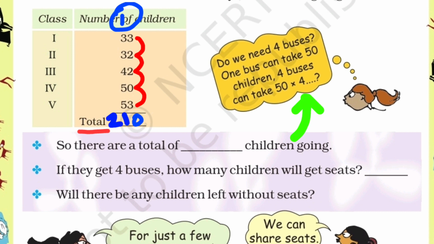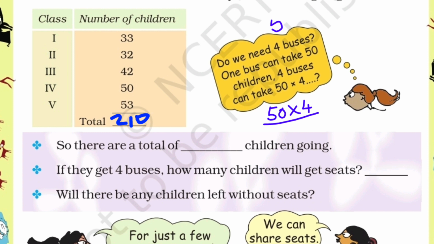And look at this paragraph. Do we need 4 buses? One bus can take 50 children. 4 buses can take 50 into 4. So 50 multiplied by 4: 4 zeros are 0, 4 fives are 20, so we get 200.